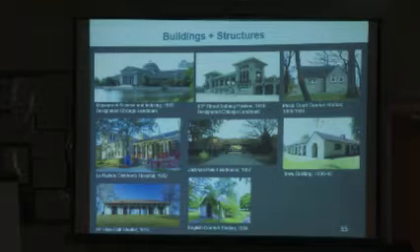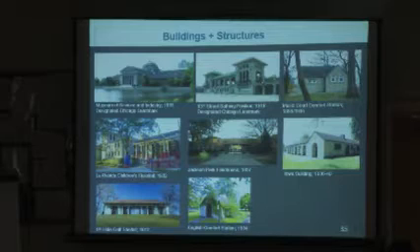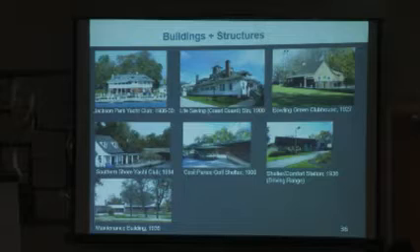We do need to look at integrity here as well. How much of the property still conveys its historic character? More buildings and structures. Again, this can be everything from the yacht club to the maintenance building that will be included in this survey.